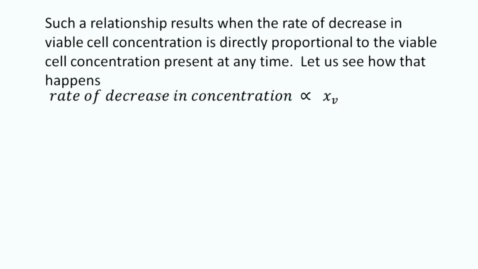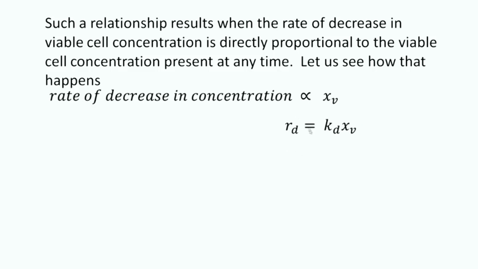For example, this is what we mentioned here, but written in mathematical terms. The rate of decrease in concentration of viable cells is proportional to the viable cell concentration x subscript v.